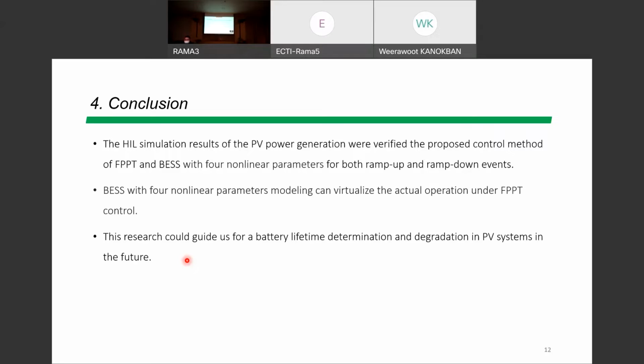Sorry, anyway, future. I understand. Yeah. But I think this depends on the setting of the study.